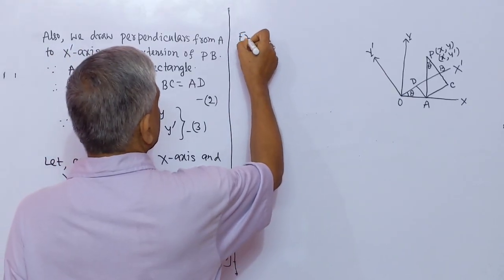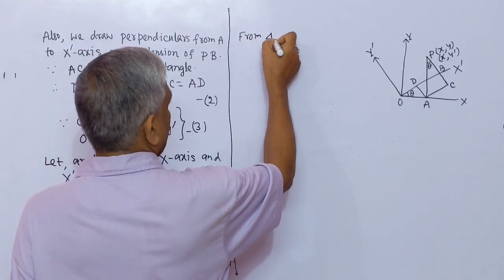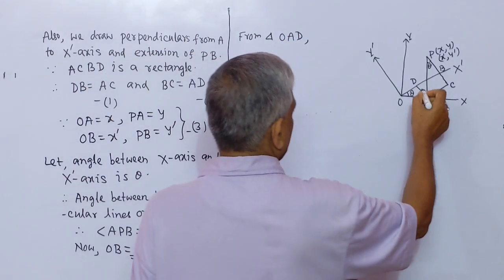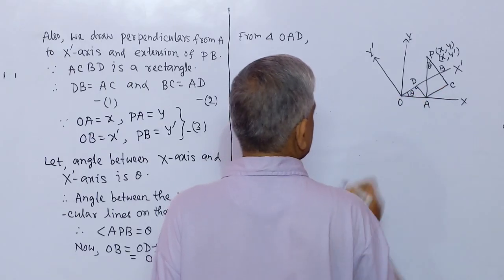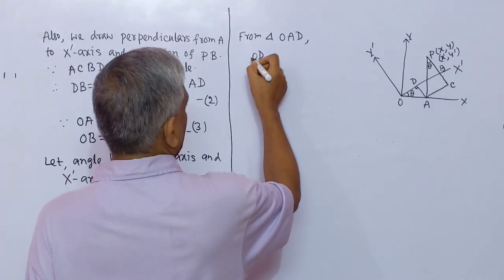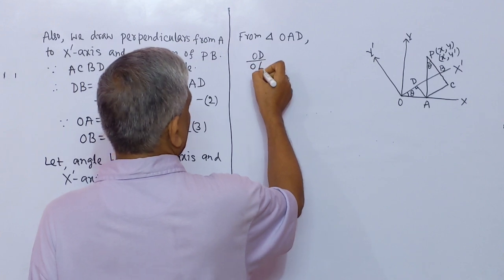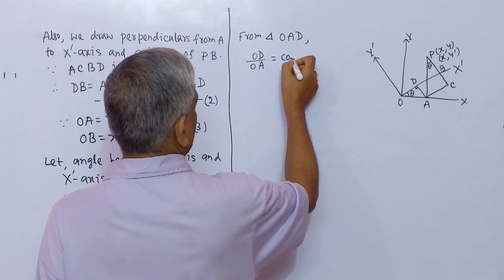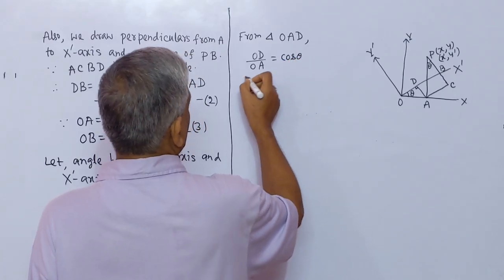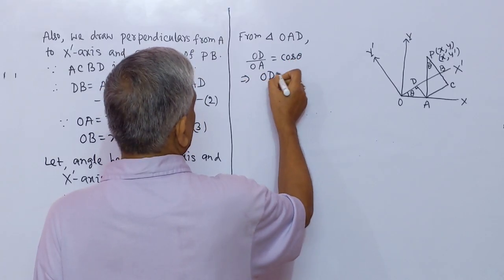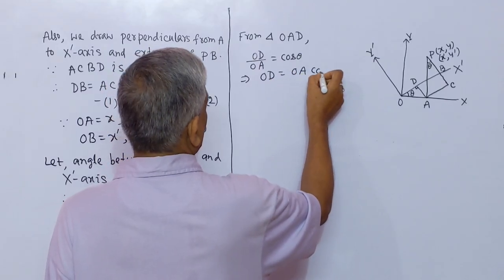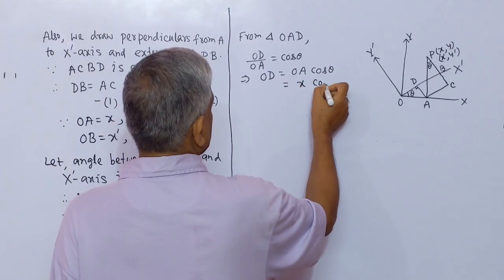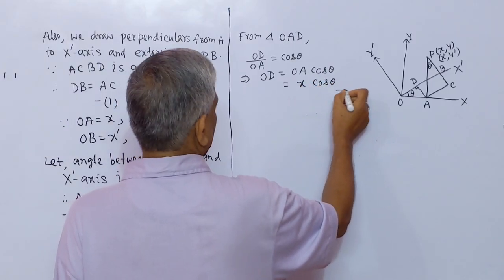From triangle OAD, this is perpendicular, OD by OA equals cos theta. Implies that OD equals OA cos theta, and OA equals x, so OD equals x cos theta. This is number 5.